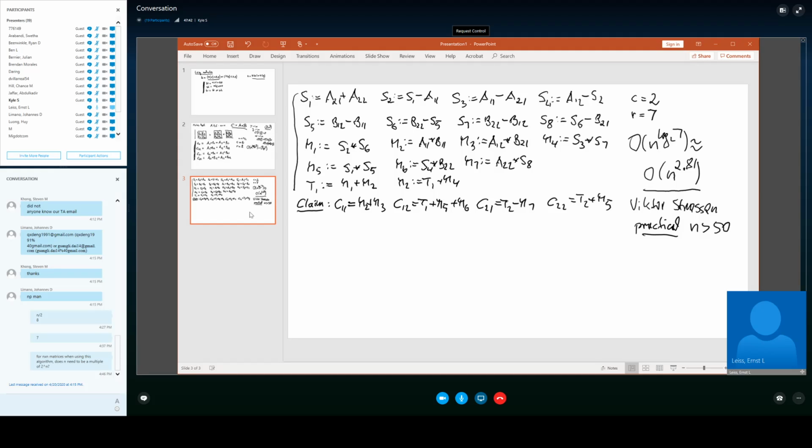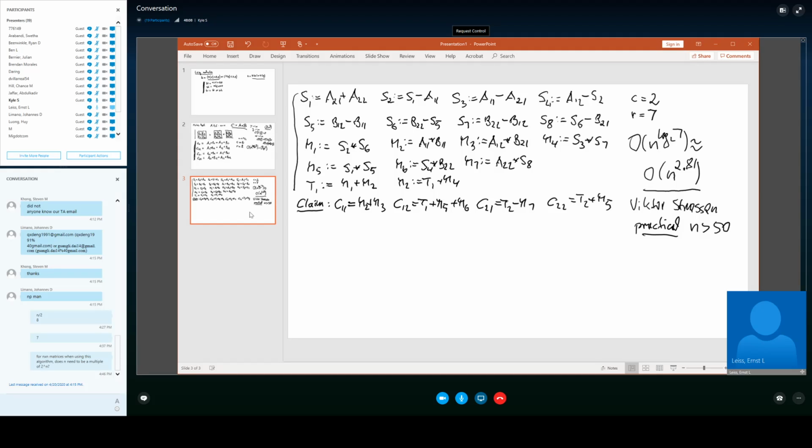So what is, of course, important here is that we don't really know what is optimal. We know that Strassen's algorithm is not optimal. We don't know any non-trivial lower bound.